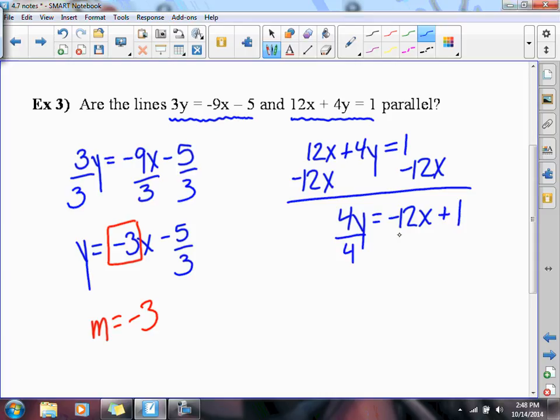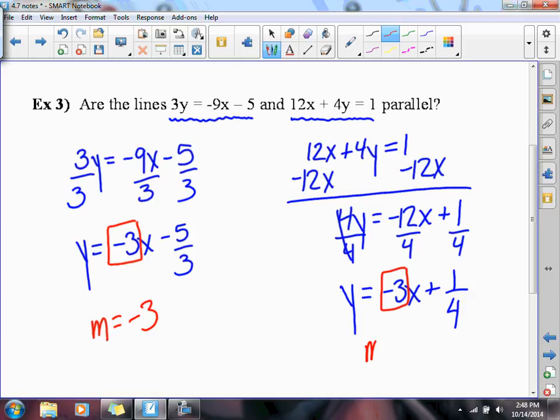Then I divide everything by 4. Every single term gets divided by 4. So y equals negative 3x plus 1/4. And again, I get another fraction for my intercept. That doesn't matter. The only number I'm looking at right here is the number that's in front of the x. And there my slope is negative 3.